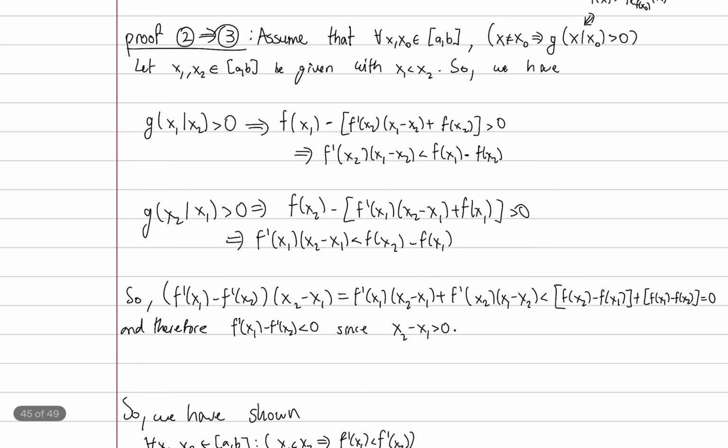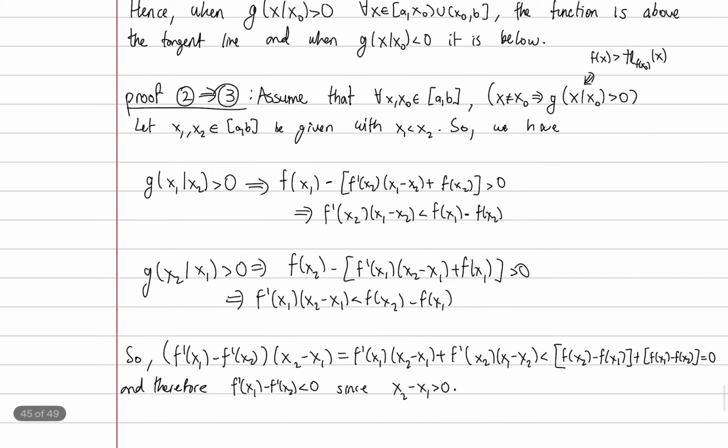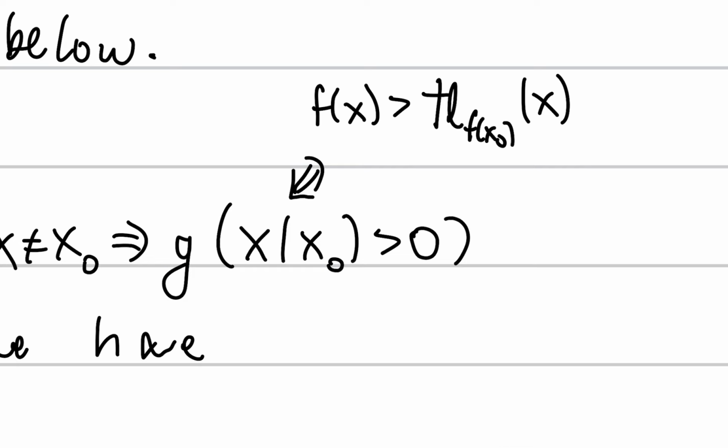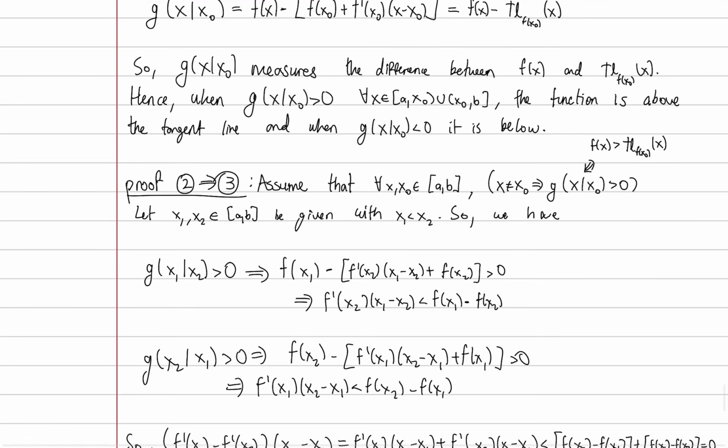So assume that for all x and x naught in the interval, x not equal to x naught implies that g is positive, okay? And this is the same thing as saying f is above the tangent line, strictly above, as long as x is not equal to x naught. And we'll let x1 and x2 be in the interval with x1 less than x2. So what do we have?